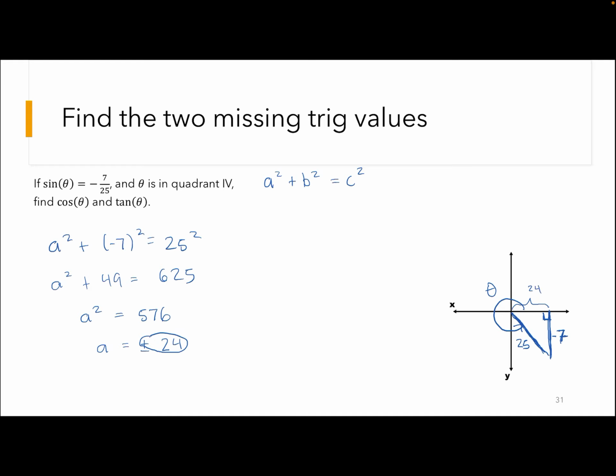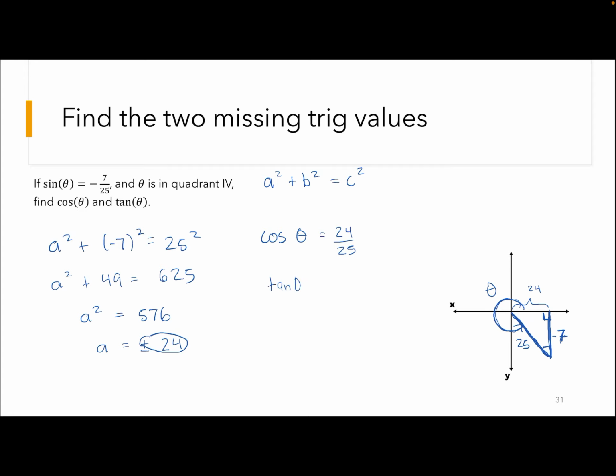Now we're going back to our geometry days. If this angle is theta, the reference angle is also theta right here. So the cosine is going to be 24 over 25, the x distance over 25.